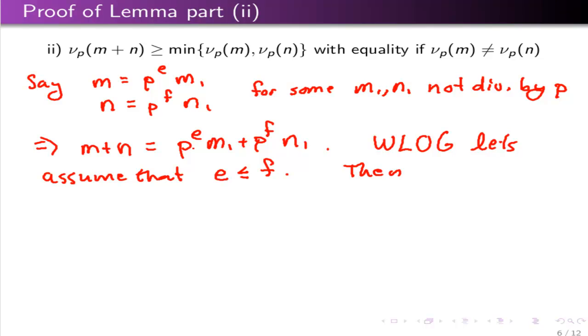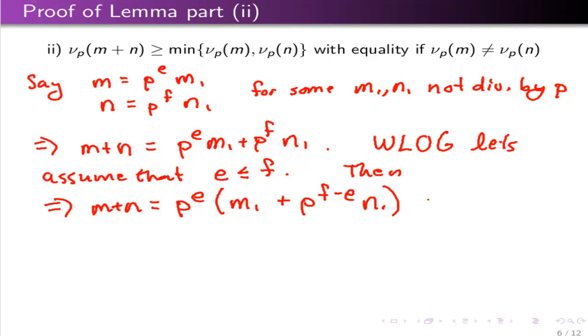Then I've got a p to the e I can factor out of this equation. So I pull it off, leaving me with an m1 here and a p to the f minus e n1, which implies in particular that p to the e is a divisor of m plus n.